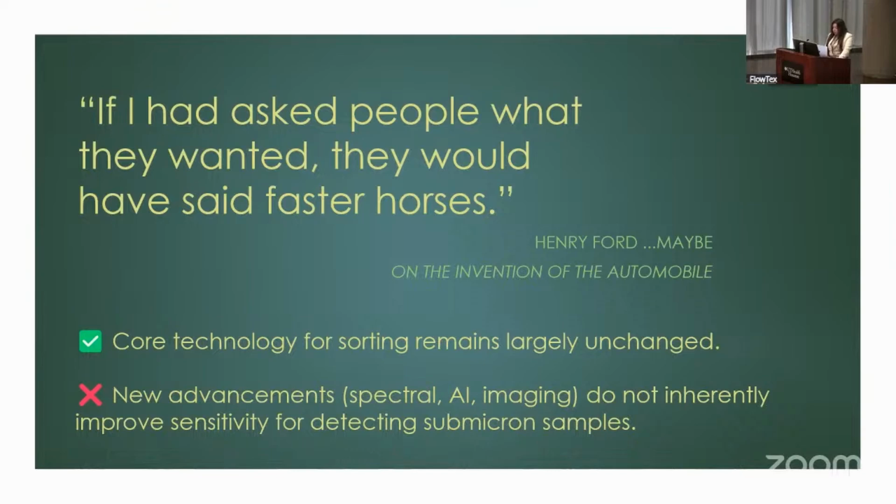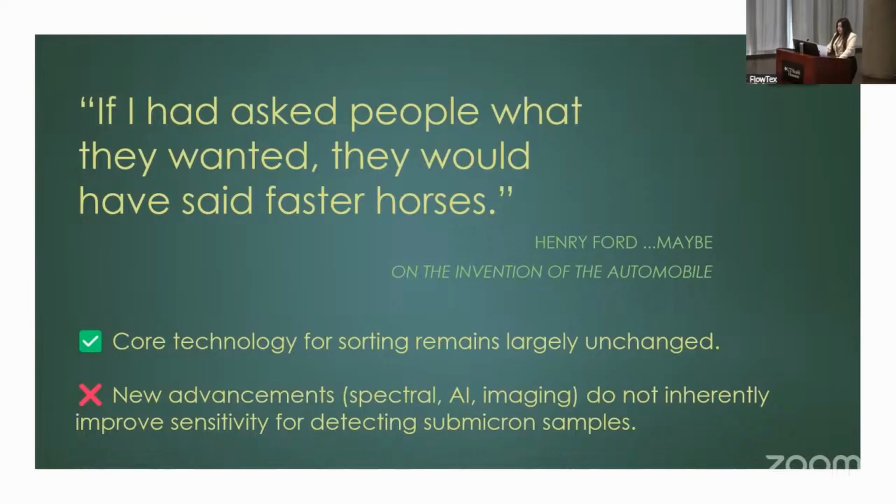So new sorters have the same limitations as the old for submicron applications. On a macro level, the instrument companies are building faster horses. The shift from PMTs to APDs theoretically offers advantages for submicron detection, but in practice, the results have been inconsistent. Small particle detectors are not mandatory for submicron sorting. Spectral instruments don't inherently improve sensitivity for submicron detection.